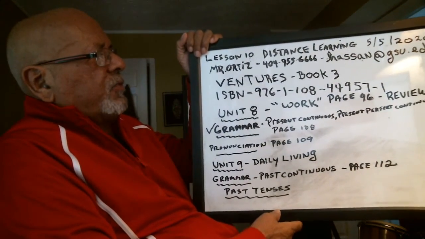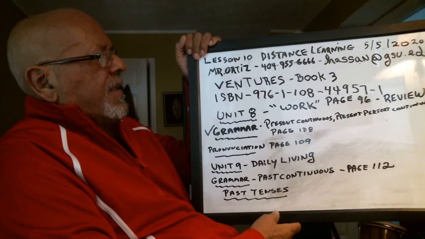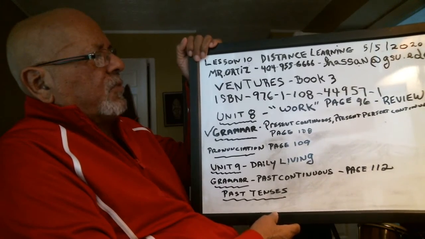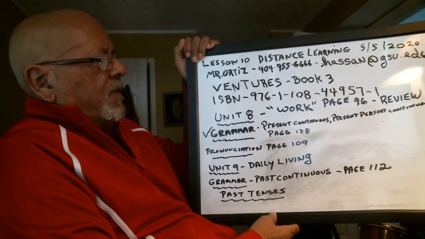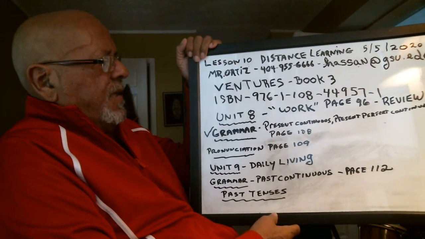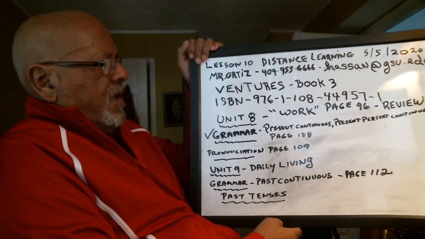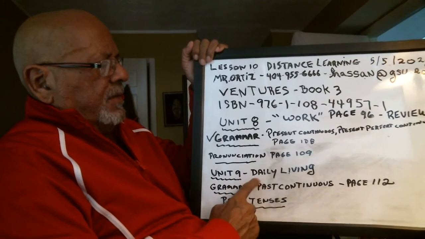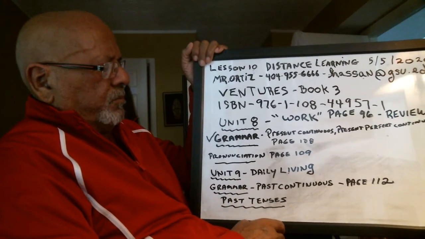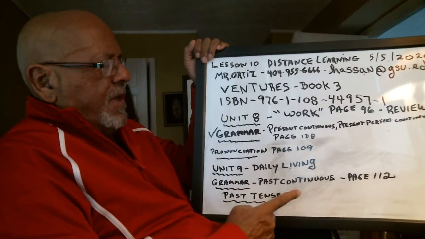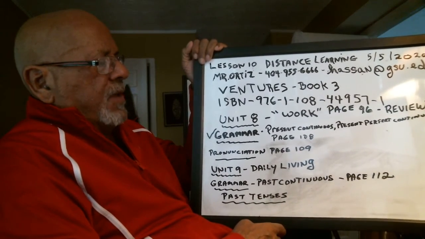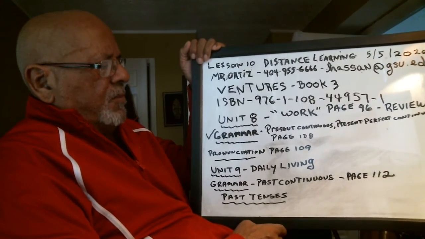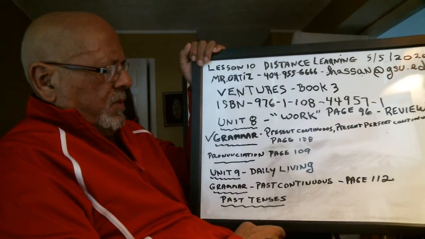And the last 2 lessons we were working on lesson 8. So there's a couple of pages left in lesson 8, and then we're going to start on unit 9, daily living. And the grammar on page 112 is about the past continuous.